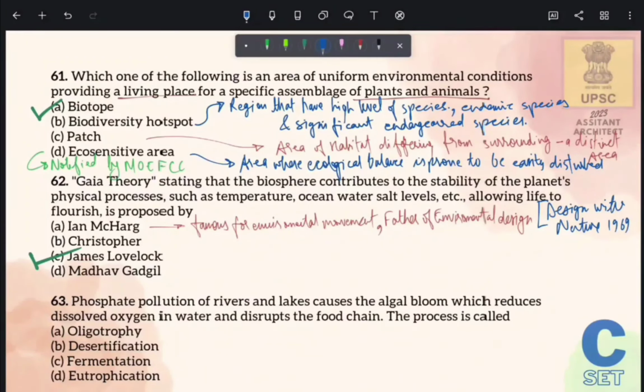Phosphate pollution of rivers and lakes causes algal bloom, which reduces dissolved oxygen in water and disrupts the food chain. The process is called, so the degradation and reduction of dissolved oxygen in water due to algae is known as eutrophication, and it disrupts the food chain.